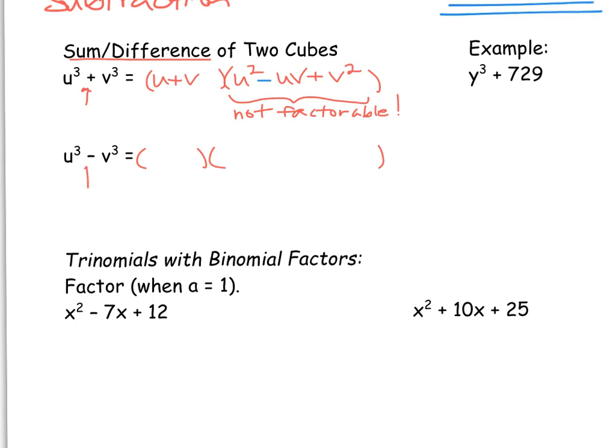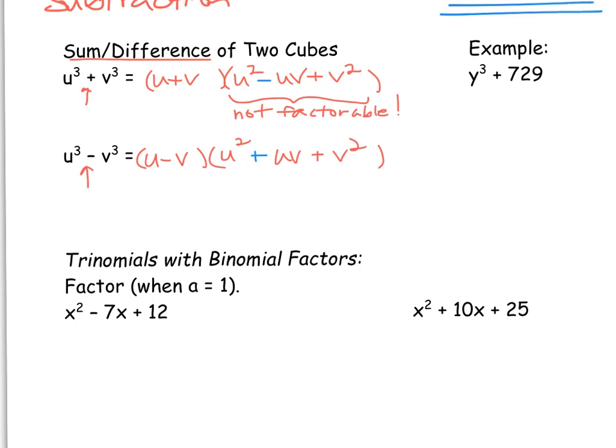If it's subtraction here, it starts off as subtraction in that smaller parenthesis. We still do the first term squared, but then the sign changes to plus. Everything else stays the exact same. You then multiply the two terms together and you add that last term squared. So these are just templates to follow in order to factor perfect cubes.